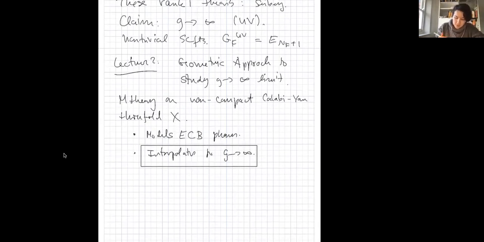So today I'll need to talk a little bit more about these geometries, and I actually decided to perhaps use a framework that you might be more familiar with, namely some toric models, and then I'll ramp it up and show you some more advanced methods, how to study actually the most general 5D theory that we know, using some techniques that are slightly more general than just toric models.